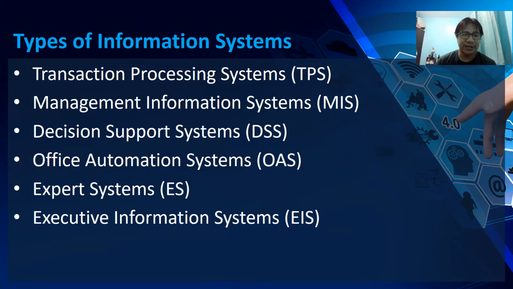So first we have the transaction processing system, the TPS. Then we have the management information system, the MIS, decision support systems, office automation systems, expert systems, and executive information systems. So those are the types of information system.